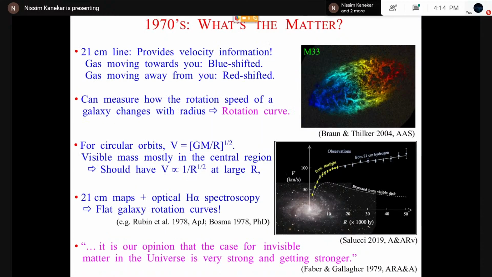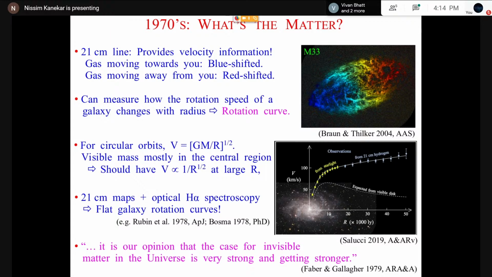So let's now jump to the 1970s. The other beautiful thing about 21 centimeter is that it's a spectral line. A spectral line is special because it can provide you with velocity information. A spectral line comes at a fixed frequency. But let's imagine that the object, let's say the gas which is emitting the line, is moving towards you.